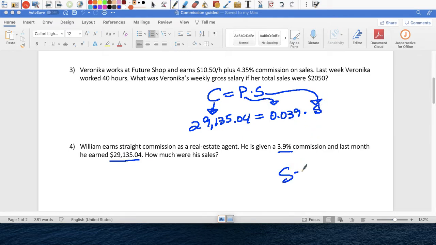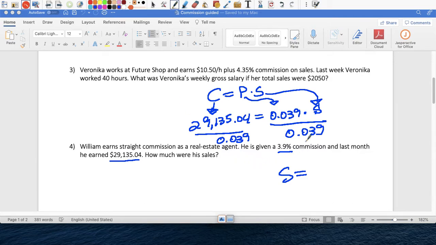So S equals, we're going to divide both sides by 0.039. We're going to divide 29,135.04 by 0.039.